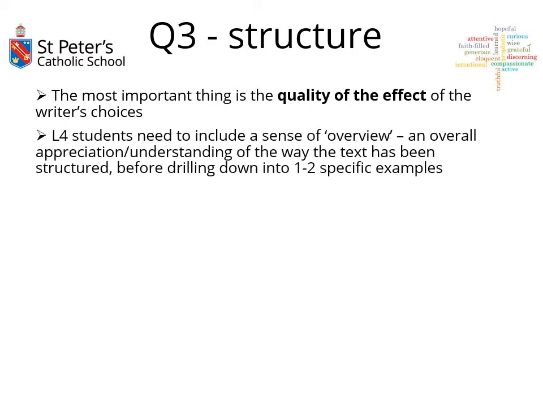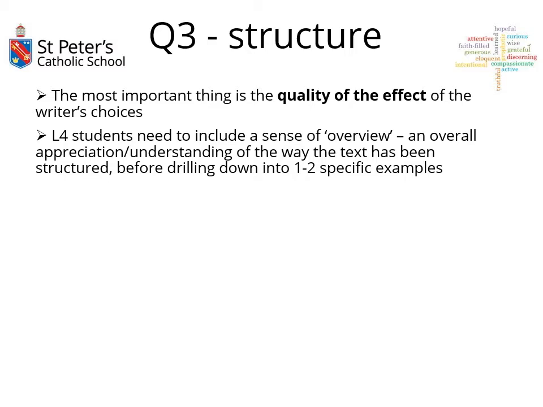We've been encouraged in the past that level 4 students particularly need to try and aim to have this sense of overview. So if you're one of our high achievers, you really want to push yourself with this question, think about having a few sentences at the beginning that establish the overall shape or direction of the text without turning it into narrative. It's a really hard juggling act to manage, but it's showing an overall understanding of the way the text has been structured.